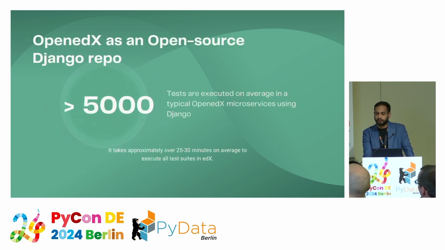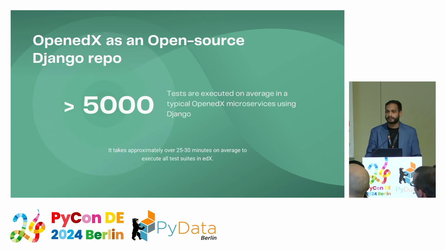OpenEdX is one of the biggest open source Django repositories. It has over 5,000 unit tests in their biggest microservice monolith. On average, it takes about 25 to 30 minutes to execute all tests, even if they're executing in parallel.